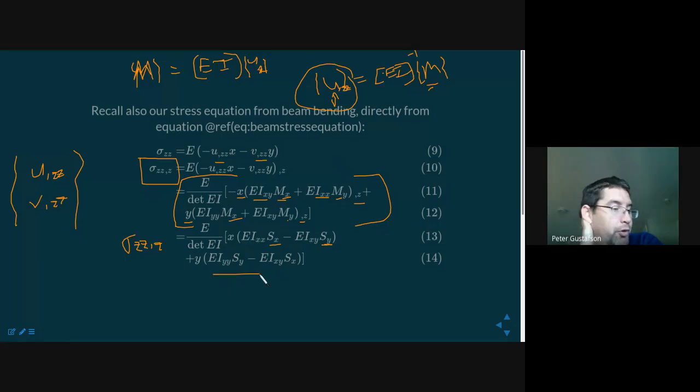Ethan asks, I presume we're using this form of sigma zz because W0 comma z is equal to 0, since we assumed there was no warping. This actually goes back, Ethan, to the bending lecture, where we said that the axial stress due to axial deformation can be treated separately and then summed at the end.